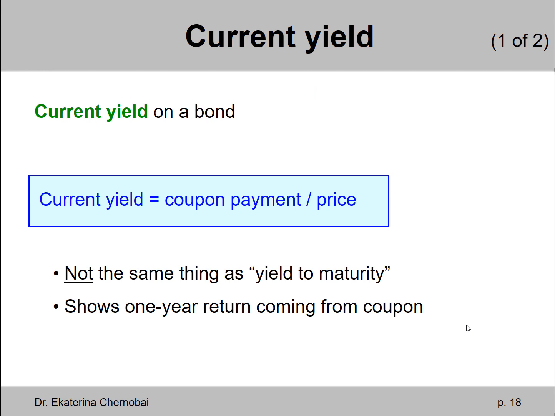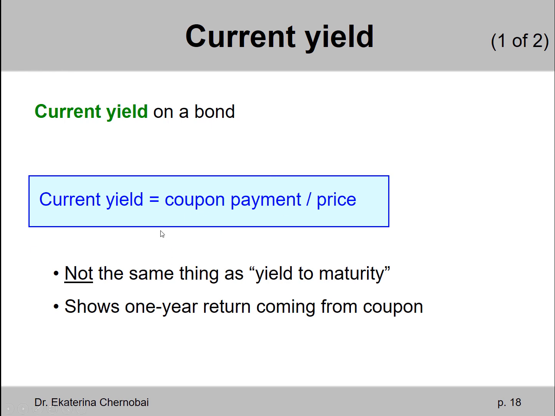Next, this topic is called current yield. What is a current yield on a bond? Think of it as a 1-year return on your money when you buy a bond that some company or government issued. So a 1-year return is what you get back in 1 year divided by what you paid for that financial security today.